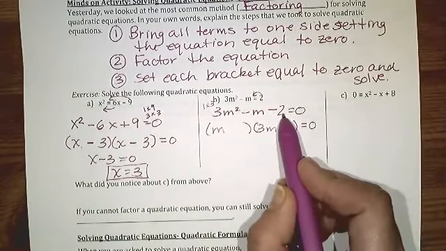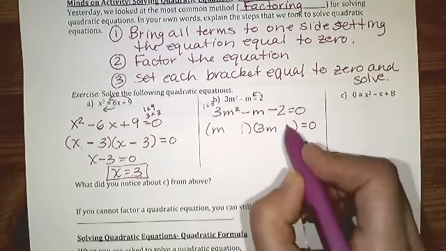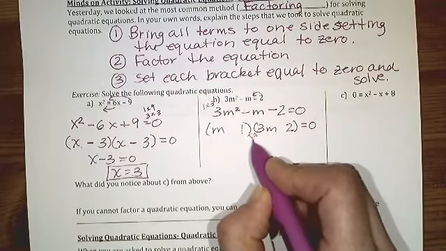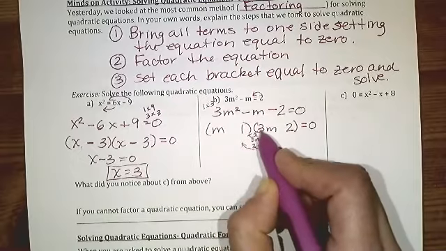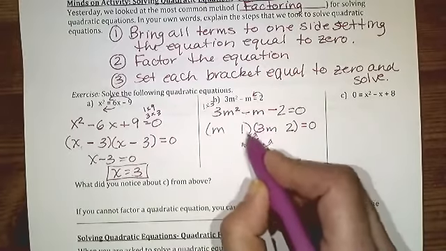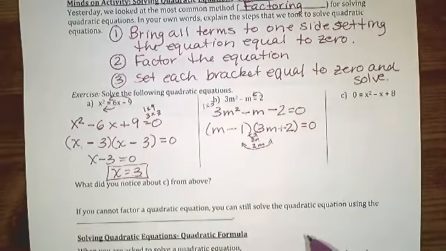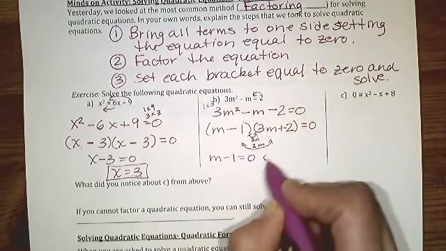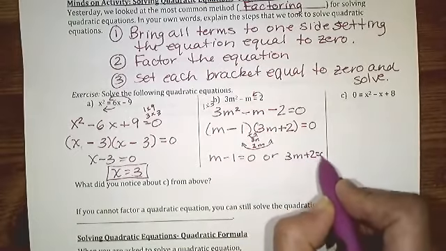And the only factors of 2 are 1 and 2, so I'll try the 1 here and the 2 here. When I do my smiley here, I'll get 3. And when I do my outside smiley, I have 2. I need to get a negative 1, so I know the 3 has to be negative, so I'd have a negative and a positive. Once again, the next step is to set each bracket equal to 0. And then we just solve.